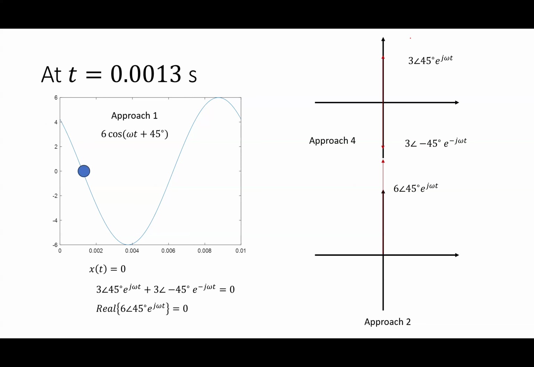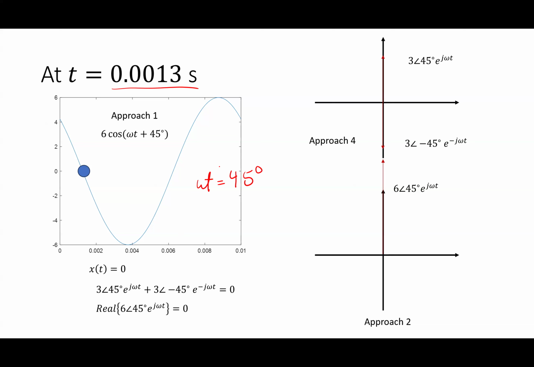If the cosine function is equal to 0, I plug in the values here. To make sure you understand, if I plug in this value of t, what ends up happening? Omega t in this particular case is going to equal 45 degrees.